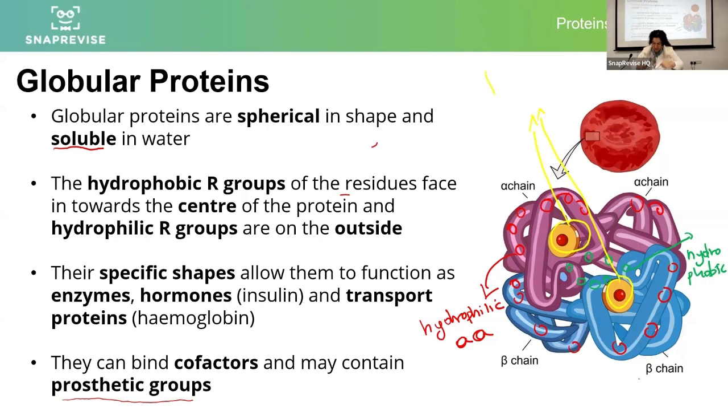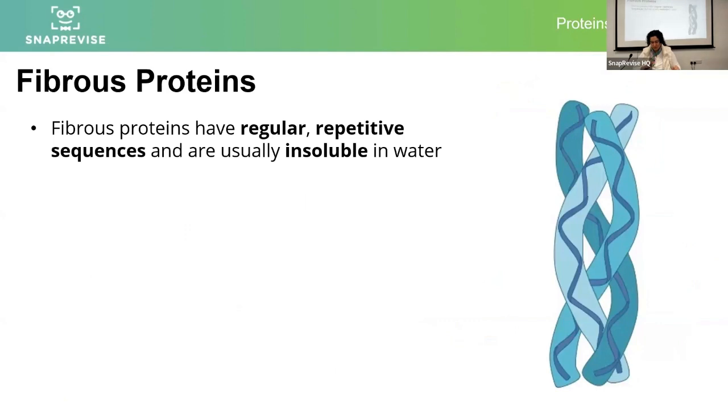Prosthetic group is a general term. It's a small chemical that is not amino acid in nature. In the case of hemoglobin specifically, the prosthetic group is called heme, which is where the oxygen binds. The prosthetic groups in proteins are covalently bonded to the protein. They're a permanent fixture of the protein, and usually we find them in proteins with quaternary structure.